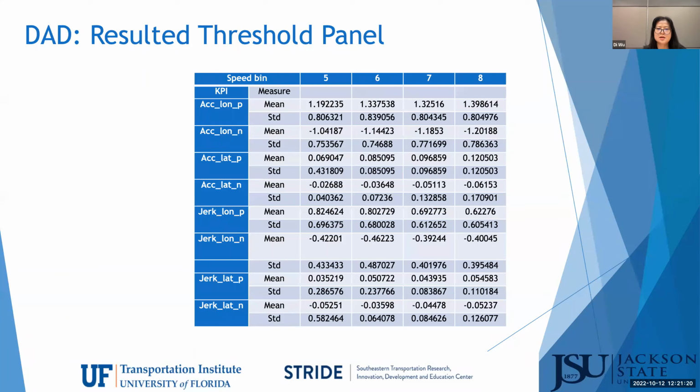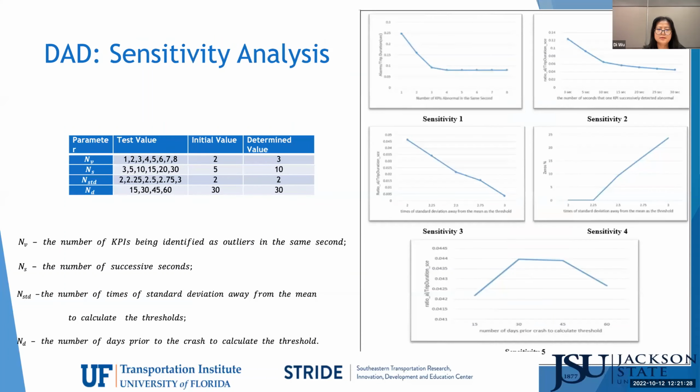This is just a part of the example of one sample driver. For the DAD model, there are several parameters that need to be determined. We use sensitivity analysis to find the appropriate values for these parameters.